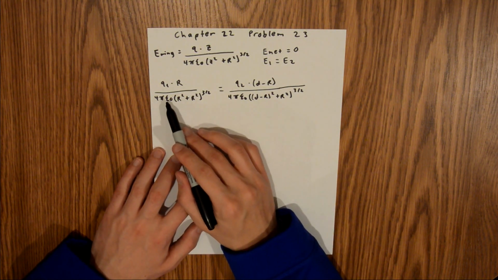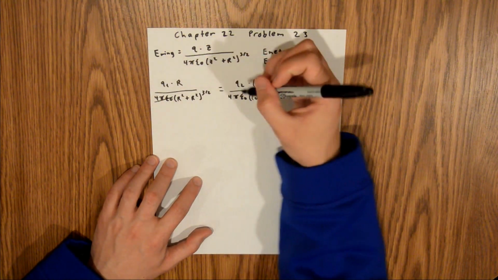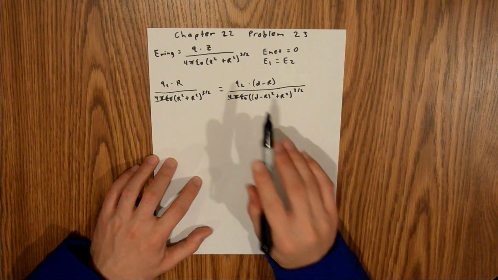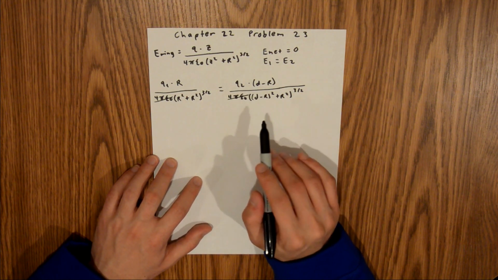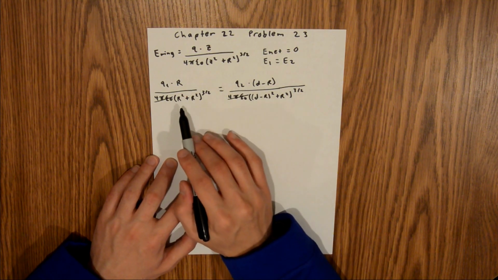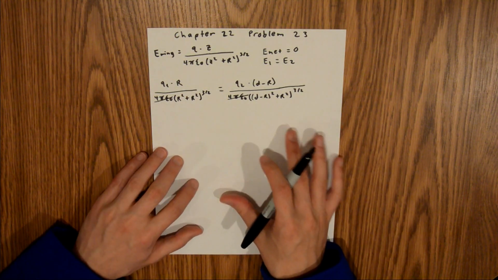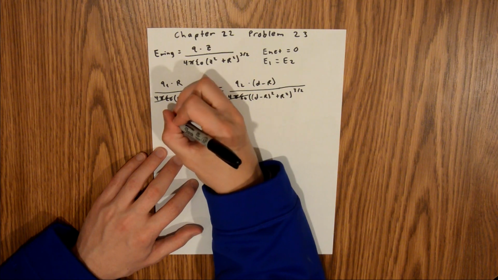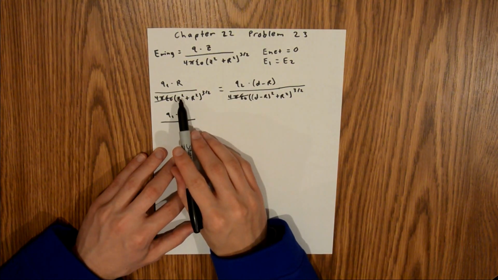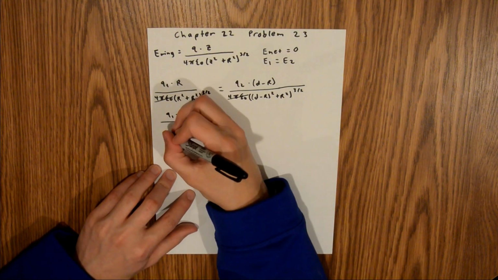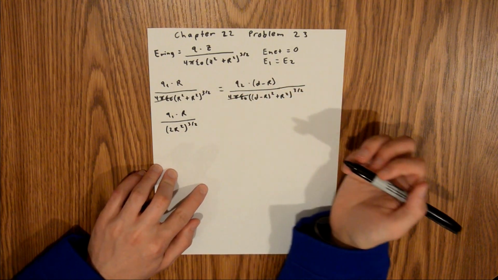So we have 4 pi epsilon sub 0 in the denominator on both sides, so those can get crossed out. And we also know that d is equal to 3r as given in the problem, so we can substitute that in here and here. Then we can simplify these 3/2 power terms. We'll have q1 times r divided by r squared plus r squared, which is 2r squared, so we're going to have 2r squared to the 3/2 on this side.